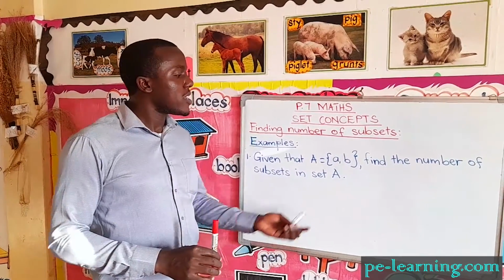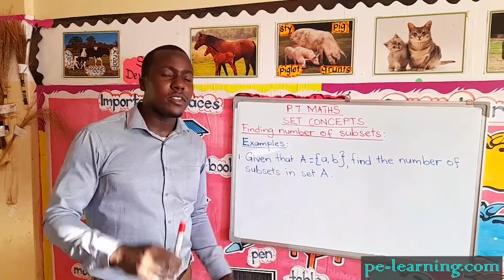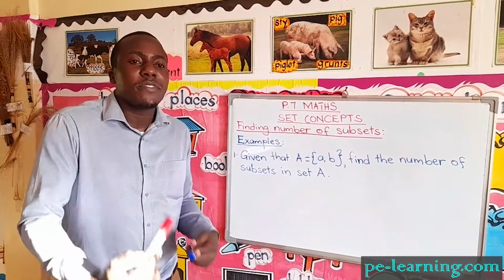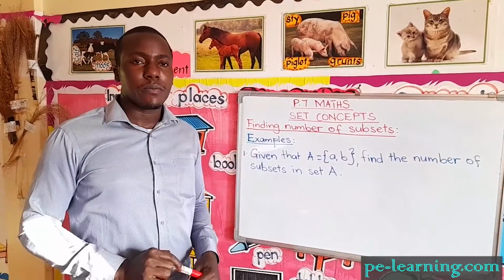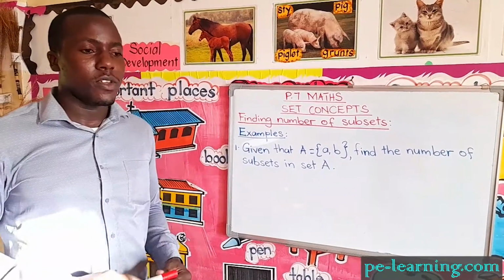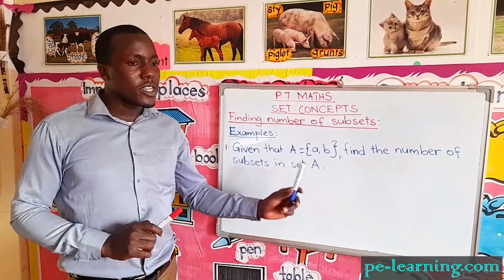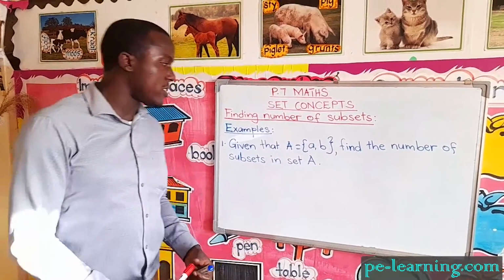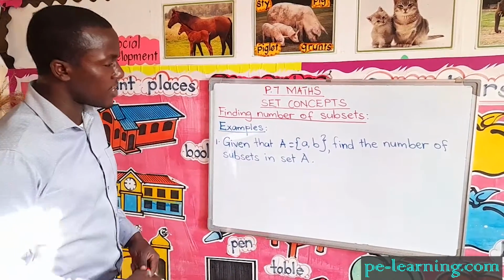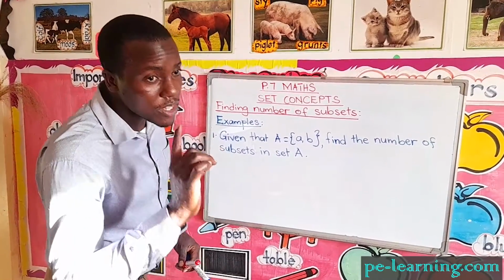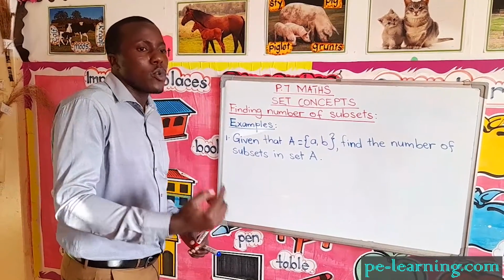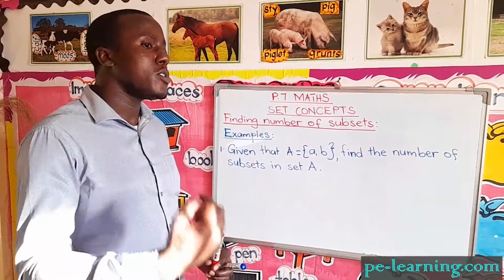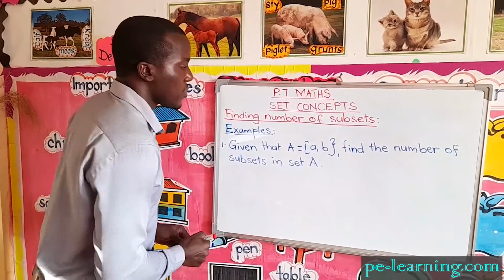And the given set, or the mother set or the universal set, is a subset of itself. So let us get the subsets in set A by listing, then after that, we are going also to look at how to find number of subsets using a formula.